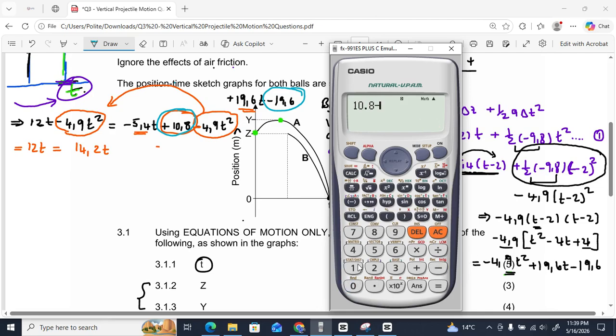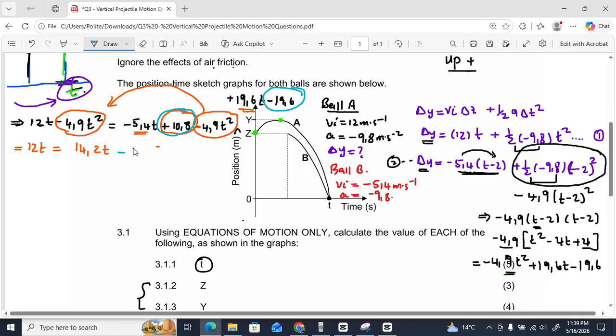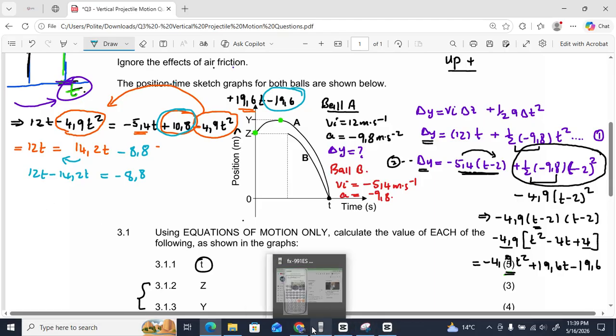Then I subtract that 19.6, and this gives us negative 8.8. So this will be negative 8.8. Okay, so let's take the 14.2t to the other side. This will be 12t minus 14.2t, equal to negative 8.8. Therefore, I'm going to say 12t minus 14.2.